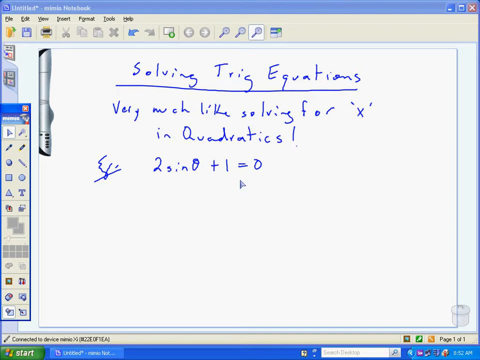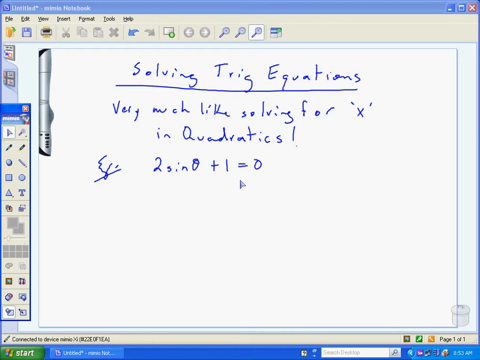So there's our first example. Now theta is like our x. But remember, when it's sine and cos and tan, we want to isolate the trig ratio itself: sine theta, cos theta, tan theta, whatever it is. And if it's a quadratic looking trig function, we want to factor it like quadratics: trinomial easies, difference of squares, all that kind of stuff, okay?